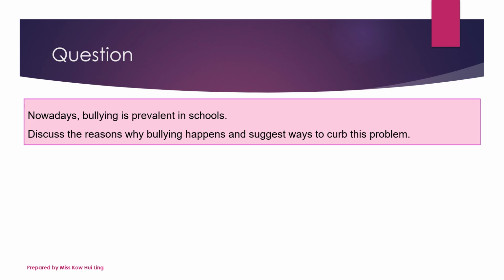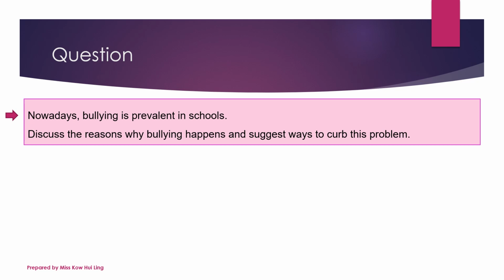If you take a good look at this question, you will find that we can actually break it down into three chunks or three parts to help us understand the question better. Now let us take a look at the first part. Nowadays, bullying is prevalent in schools. Do not panic if you see any unfamiliar or unknown words.